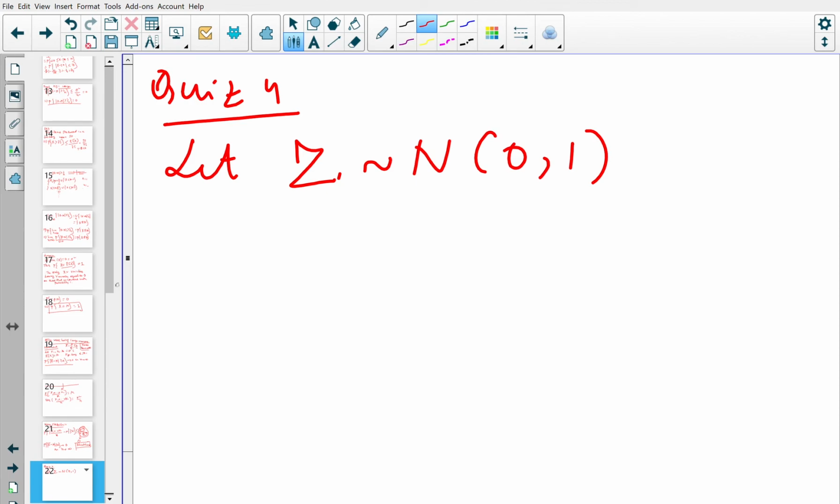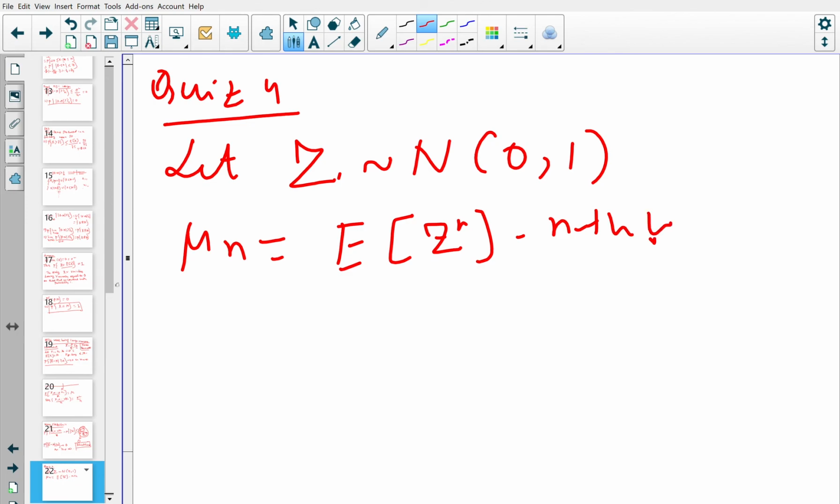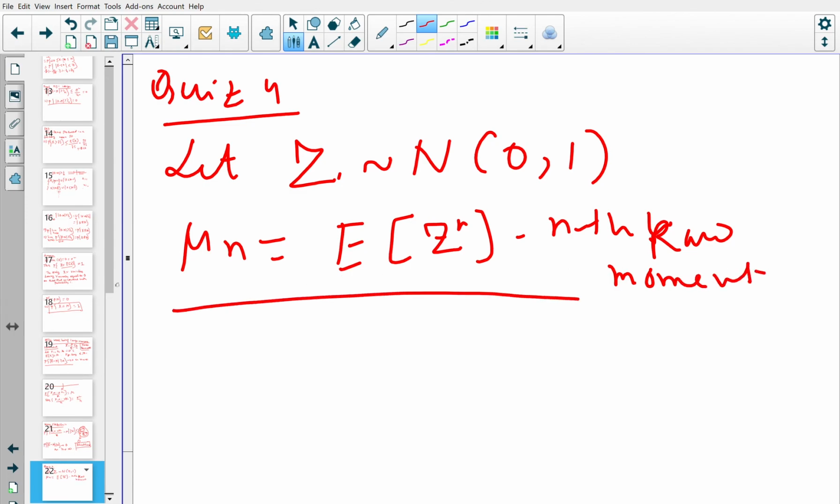I am interested to know, if I define mu n as the nth raw moment, it has a formula. The formula is to prove that mu n is actually of this form.